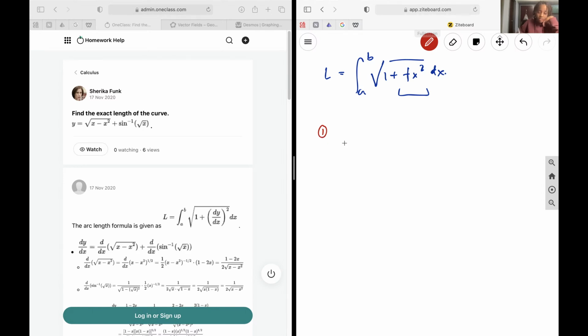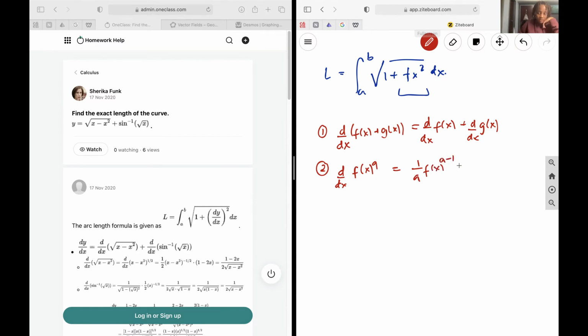The first one is that the derivative of f of x plus g of x is the same thing as if I took the derivatives independently. Additionally, I have that the derivative of f of x to the power of a will be 1 over a f of x to the power of a minus 1 multiplied by the derivative of f of x.